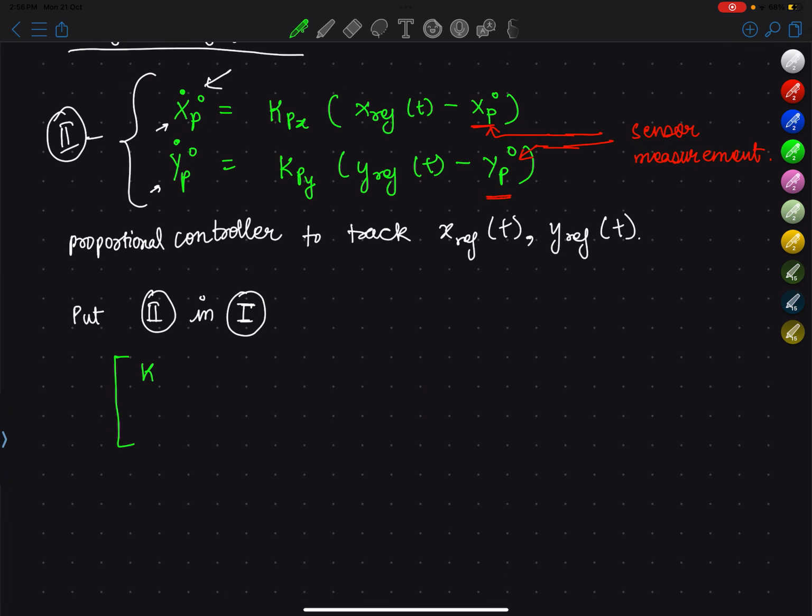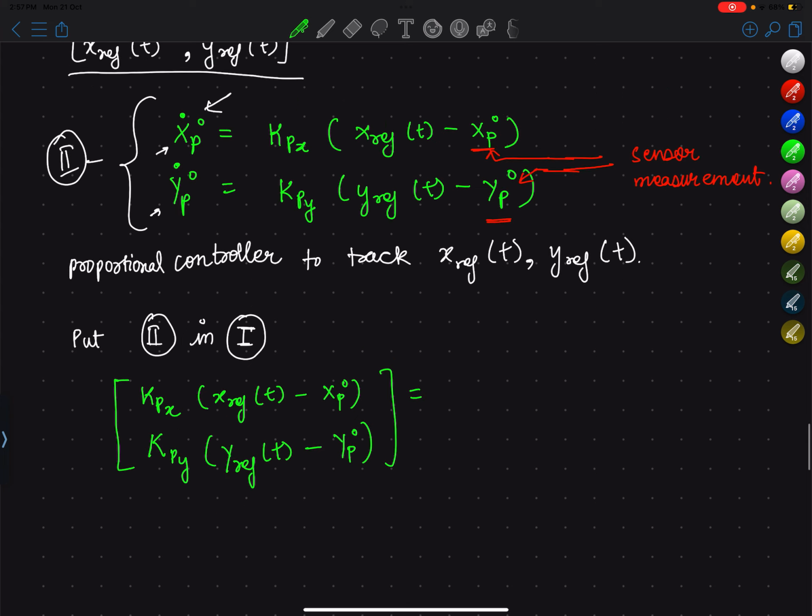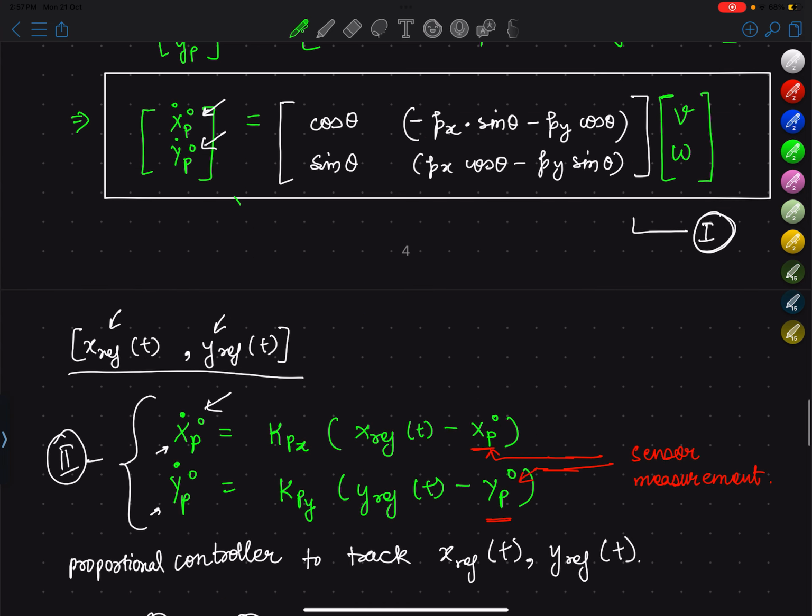So kpx into (xref minus xp) and kpy into (yref as a function of time minus yp) is equal to, let's just copy this.